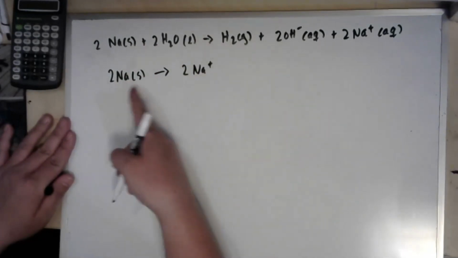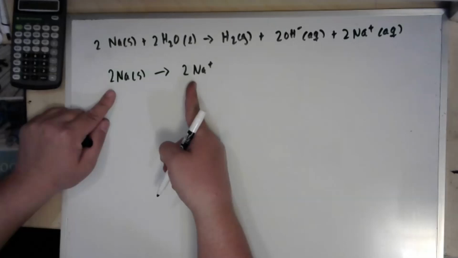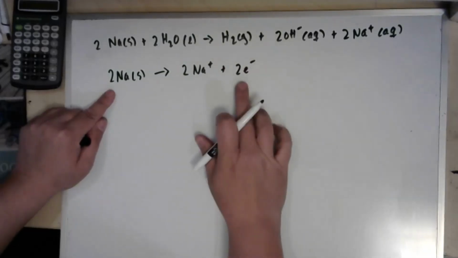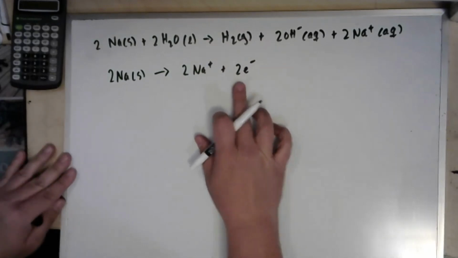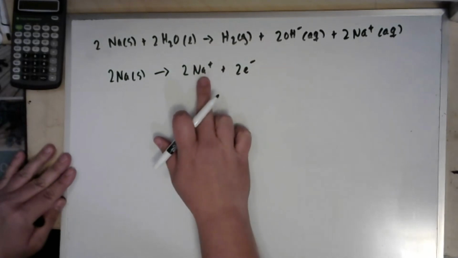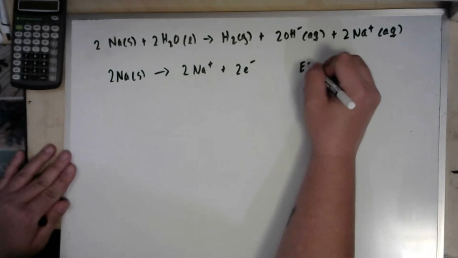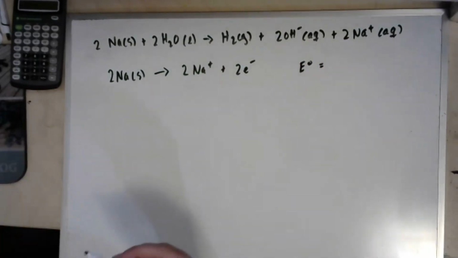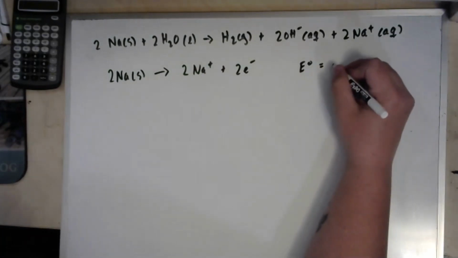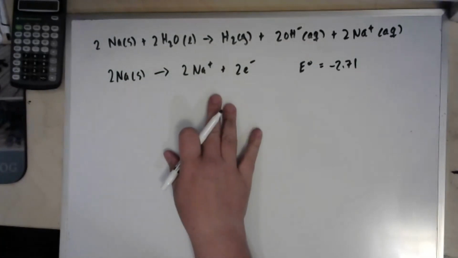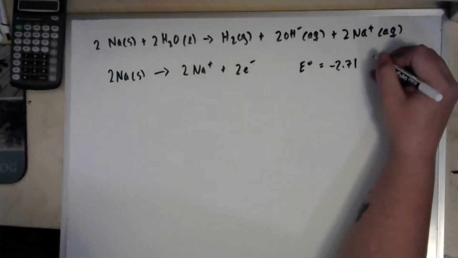For this half reaction to hold up, we had 2 electrons that we were working with here, because we had a positive 2 charge from the 2 sodium ions, so we need 2 electrons here. And if we look up the E value for sodium in our table, we see that it's negative 2.71. We already said that this is going to be oxidation, so this is going to be our anode.